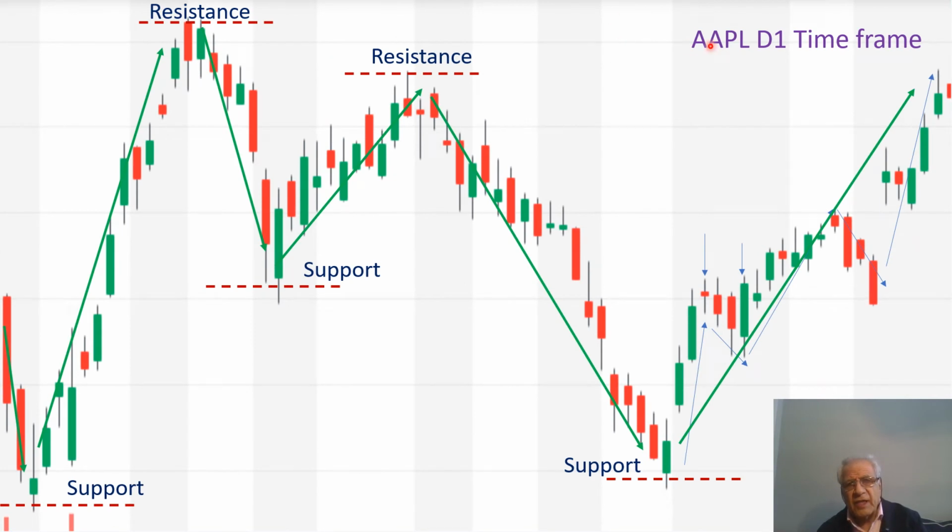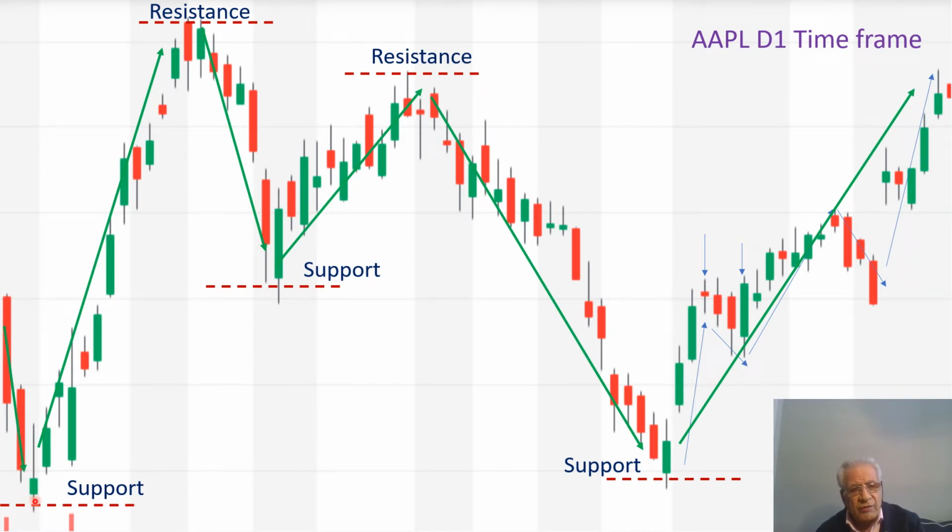Now this is again Yahoo Finance Apple stock. Before we proceed, we identify our support and resistance levels: we have 3 levels of support and 2 levels of resistance. Now the trend is coming downward to support, and it's rejected by this inverted hammer pin bar, and this inverted hammer signifies that the bears are losing control of the market.